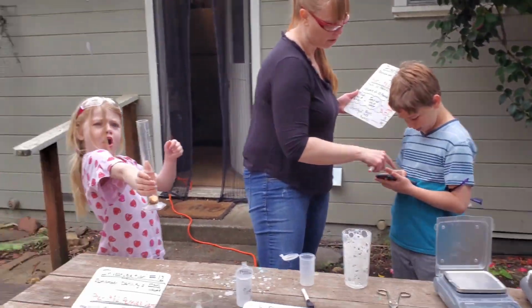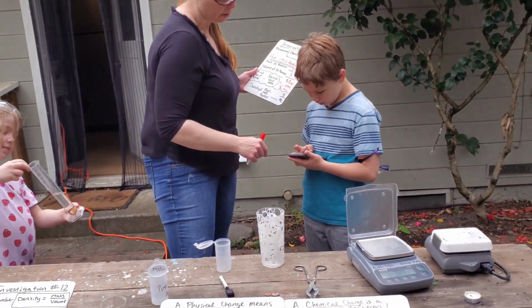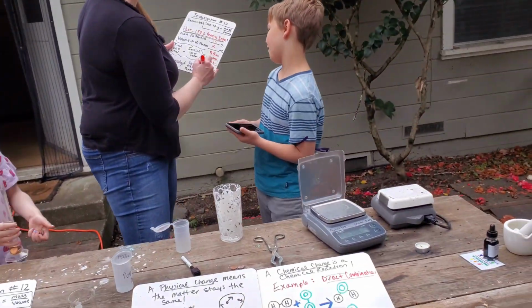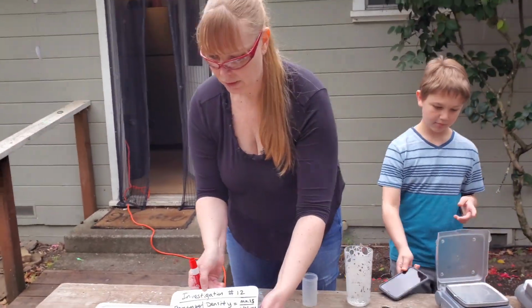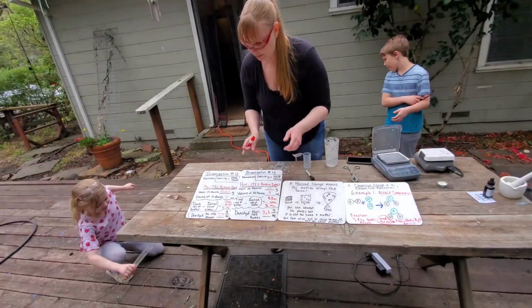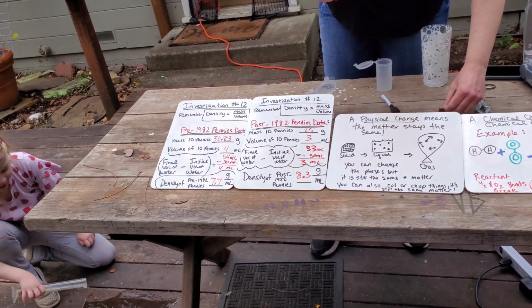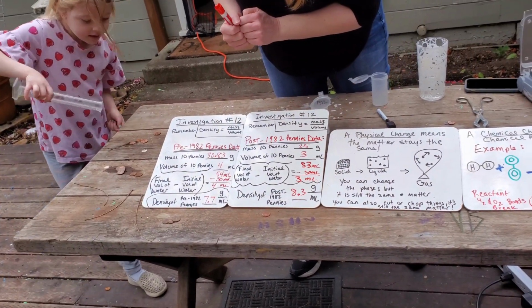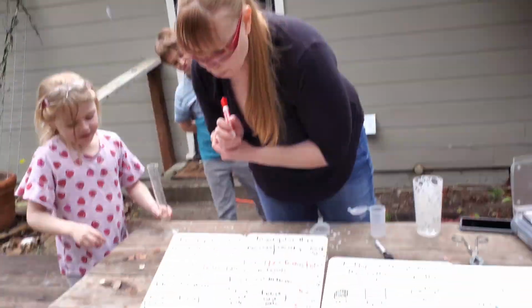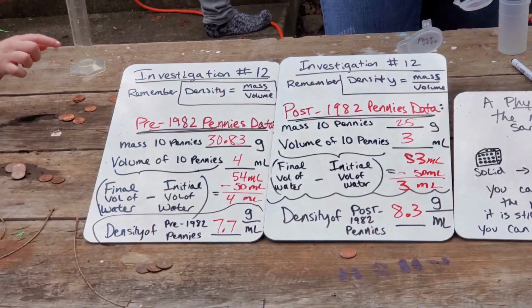Okay, 25 divided by 3 equals 8.3. So the density of the post-1982 pennies, which also appear shinier, is 8.3 grams per milliliter, where the older pre-1982 pennies are dull and have 7.7.